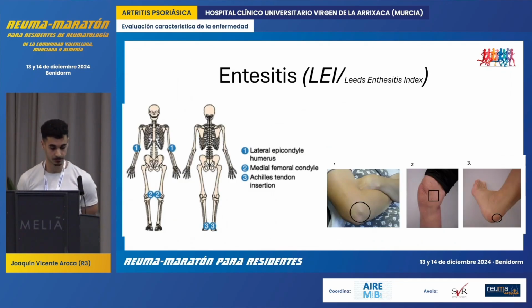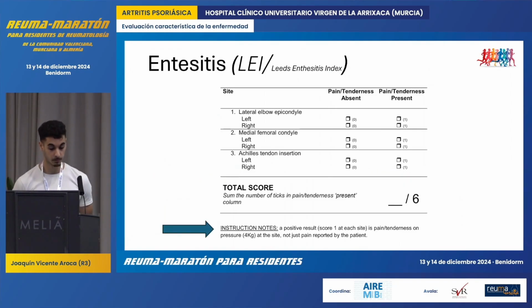As for enthesitis, the simplest index, which evaluates just 3 pairs of entheses, is the LEI, the Leeds Enthesitis Index, which assesses 3 pairs. As we mentioned, the lateral epicondyle of the humerus, the medial femoral condyle, and the insertion of the Achilles tendon. And how do we document it, or how are the points added up? Well, it provides some guidelines.